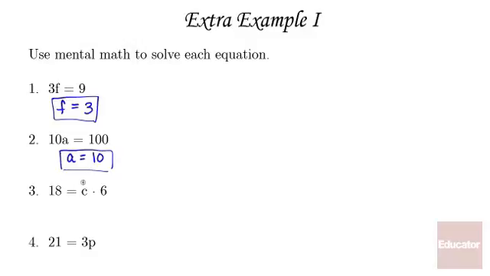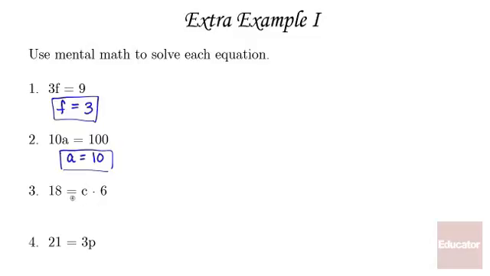18 equals c times 6. Whether you see it like this or like that, they both mean multiplication. So what times 6 is 18?